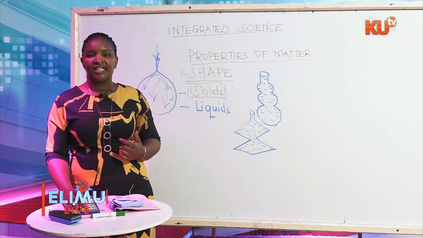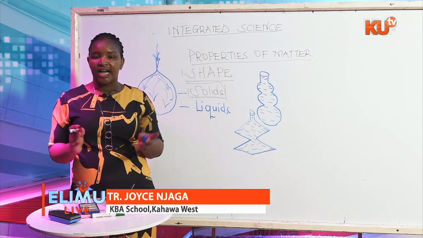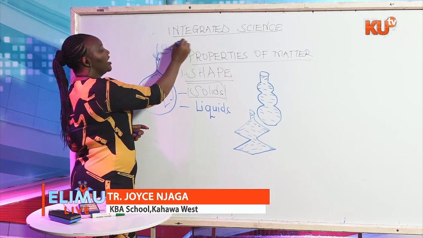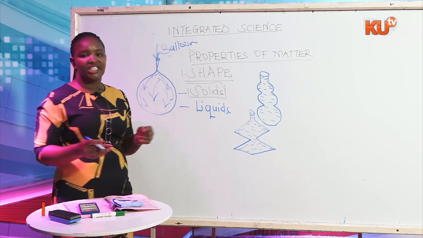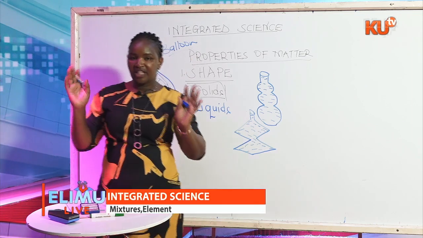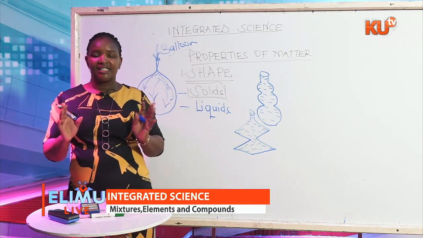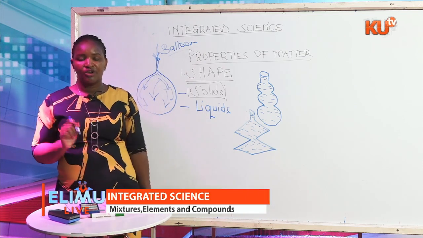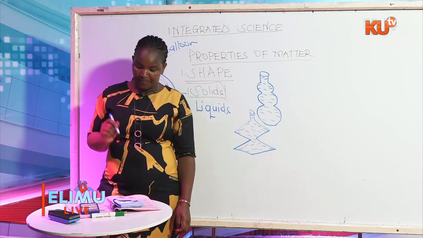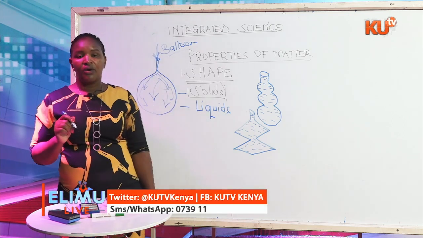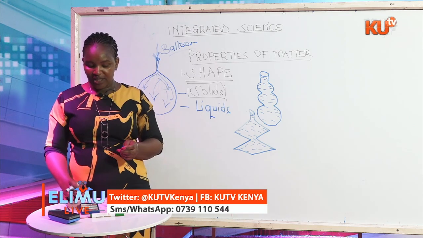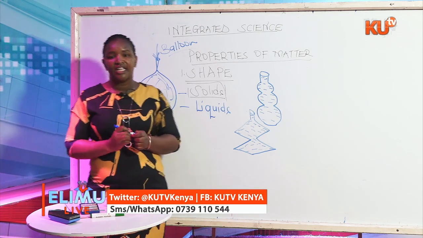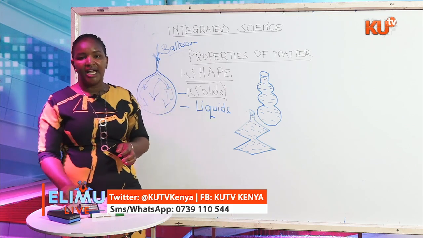Instead, it takes the shape of the container, and in our case, the container is the balloon. The air will take the shape of the container in which it is placed. Whatever the shape of that container is, that is the shape the air will take, simply because it has no fixed shape.